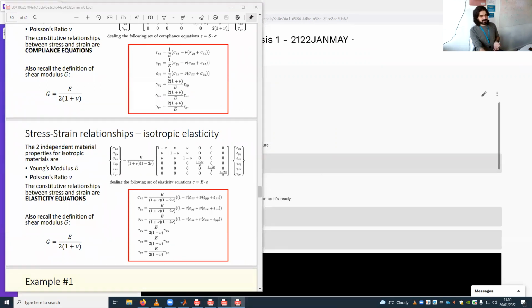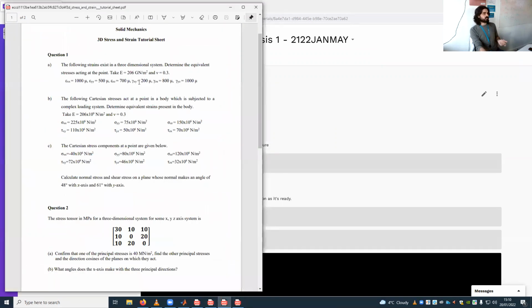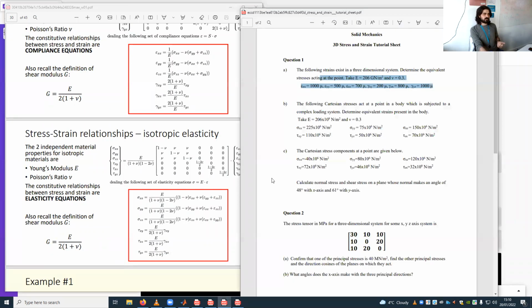And this is what I'm asking here. I don't want to do this because it's just a matrix multiplication, as long as you know how to remember these elasticity or compliance equations.